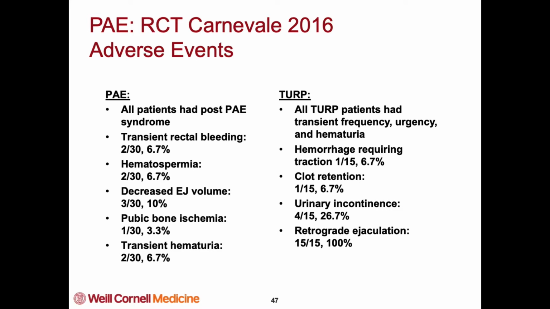And then Carnevale also showed that there were some expected effects if you have some non-target embolization: rectal bleeding from getting some embolization to the middle rectal, some pubic bone ischemia, as well as some transient hematuria from the inferior vesical. And then all the TURP patients had expected post-op frequency and urgency. Some needed transfusions, and there was a fair amount of incontinence as well after this study.